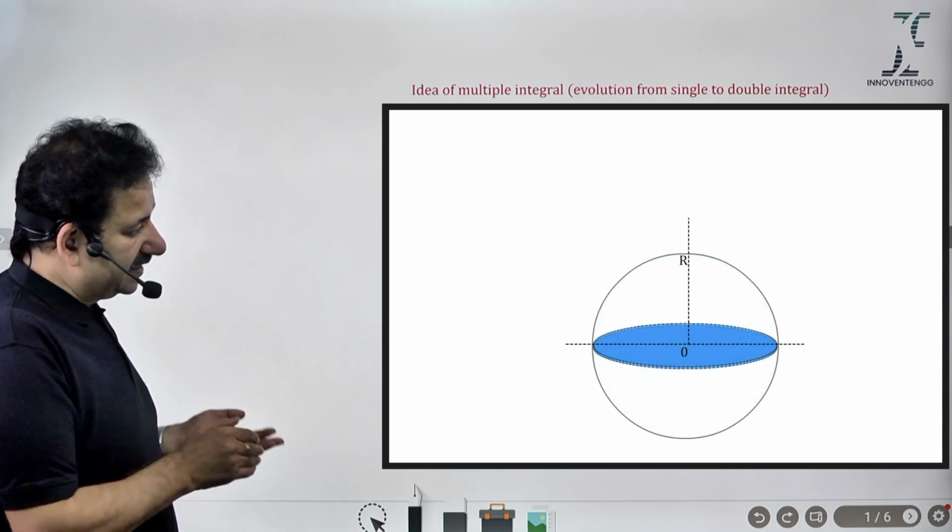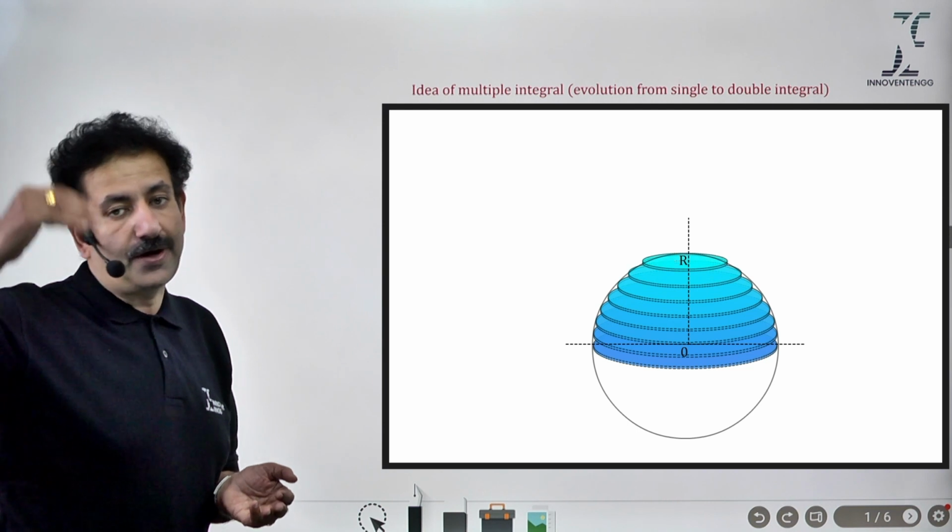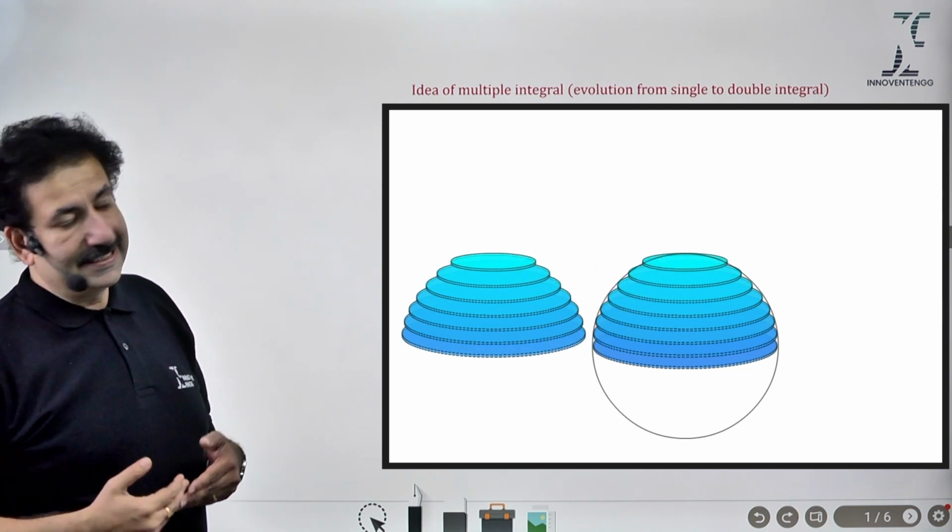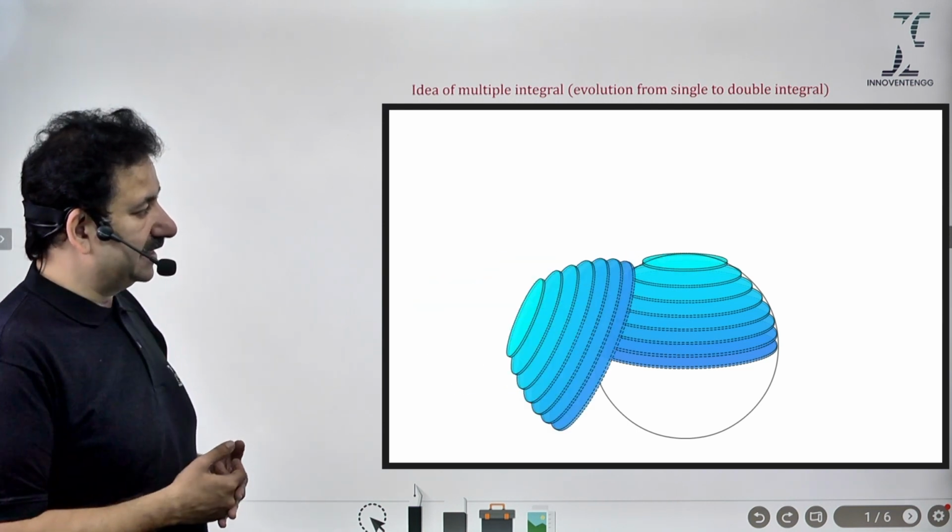But if you want to exploit the symmetry and integrate from 0 to r and double the resulting value of the integral, then also you will get the volume.